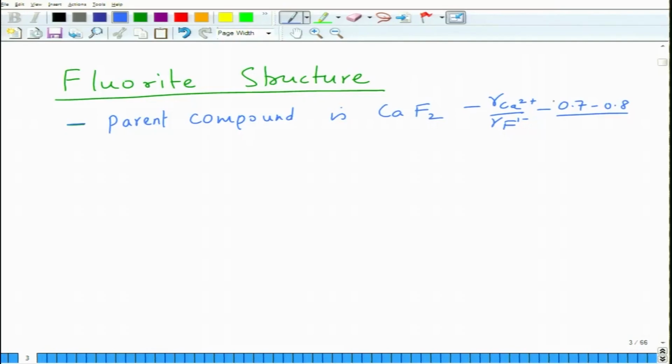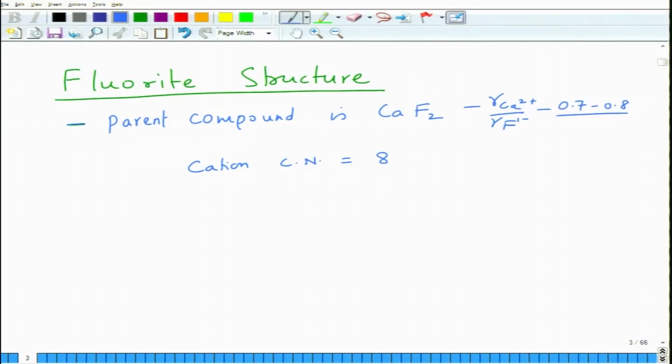You can check the radii online. As a result, the cation coordination number is 8.